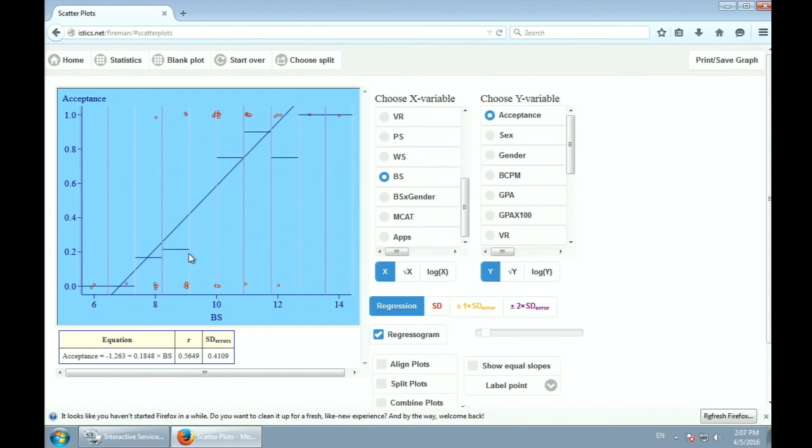So this horizontal line indicates the percentage of people who got in. 0 got in with a 6, 0 got in with a 7. With the 12, it looks like 75% got in, 0.75, etc. And so that's what it looks like.